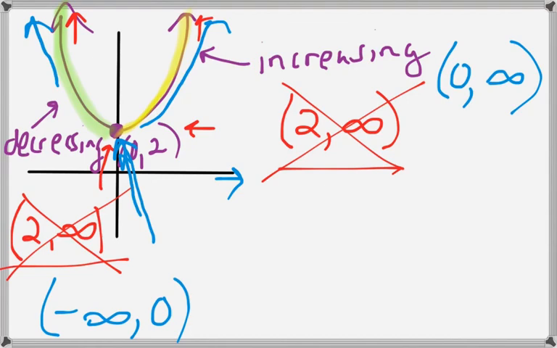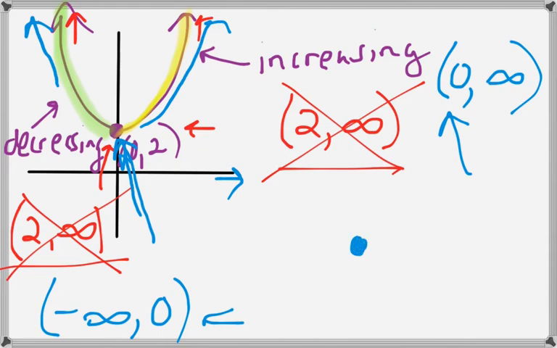Notice how these are open intervals, meaning the endpoint is not included. So we have parentheses. That's always the case. And the reason for that is because if we look at that point, 0.2, we can't just look at a single point and say that it's increasing or decreasing.